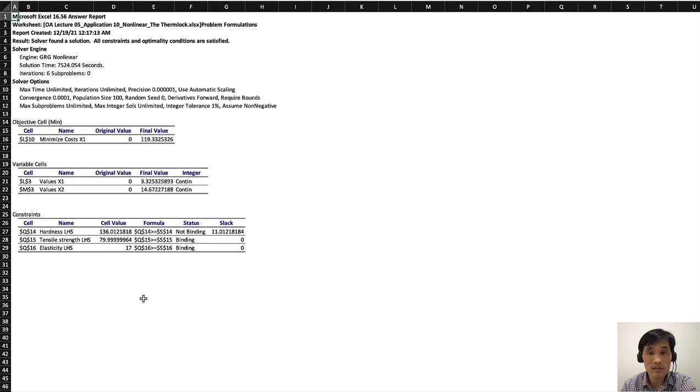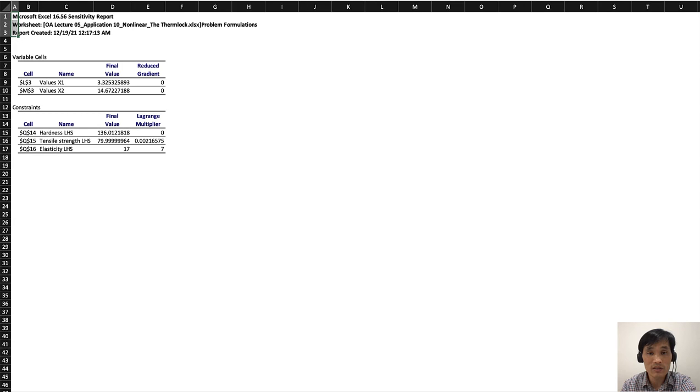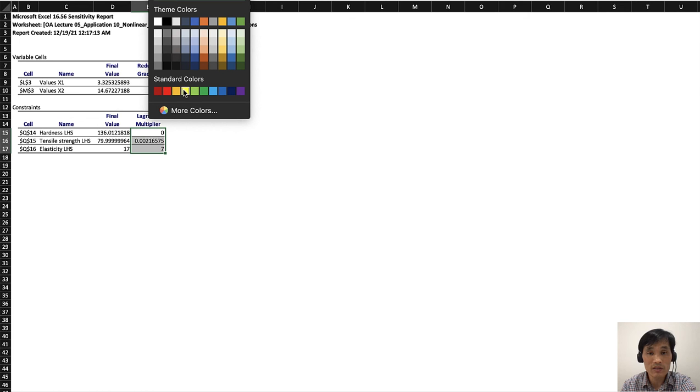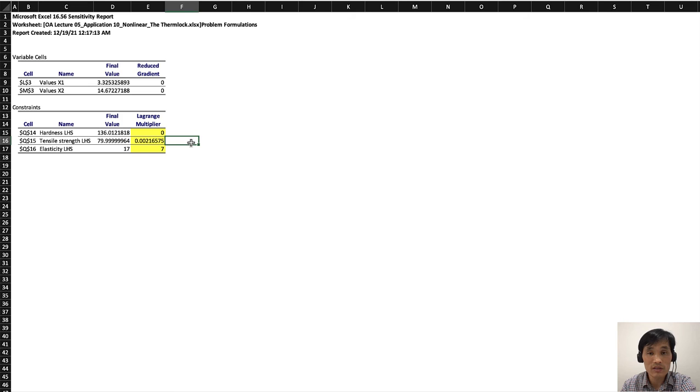Let us also look at the sensitivity report, and as I explained before, we see the Lagrange multiplier. The Lagrange multiplier tells us how much the cost will increase.